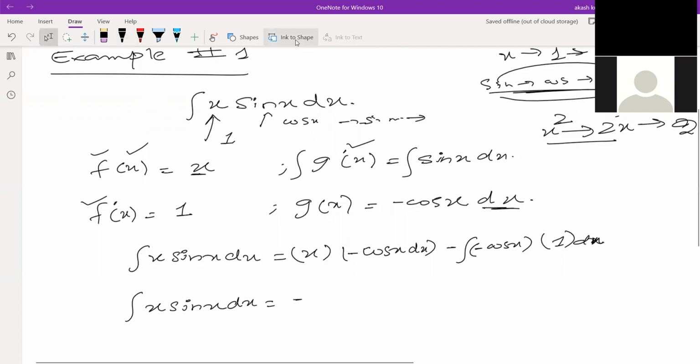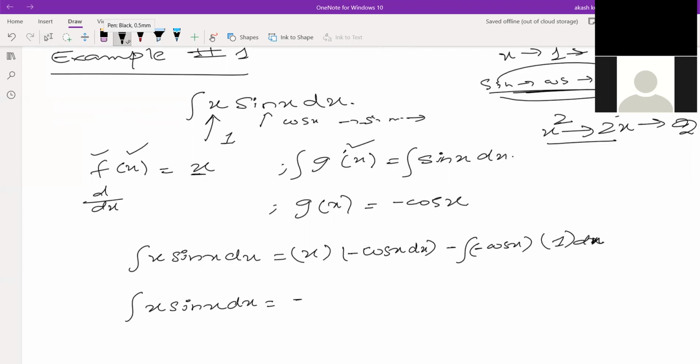Okay, one minute. Let me just correct it here. The integral of sine x is just the minus cos x. And when we differentiate this function, let me write it this way. f of x is x, and d over dx of x, when you differentiate it, becomes 1, f dash of x.